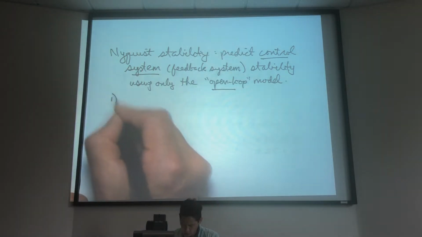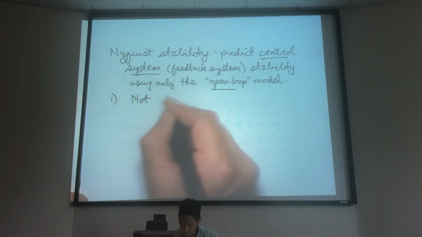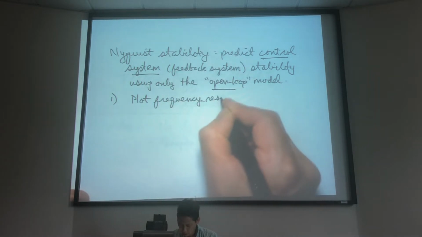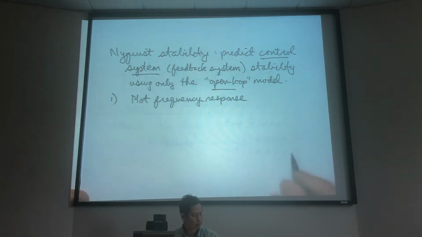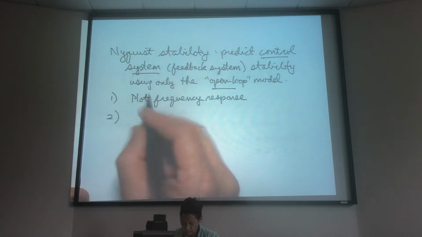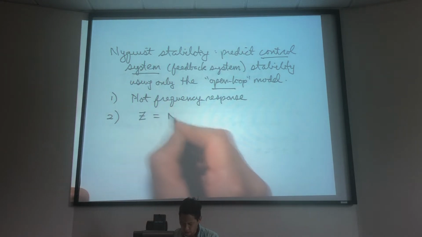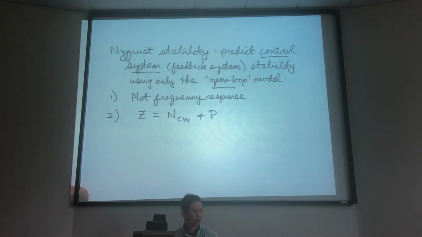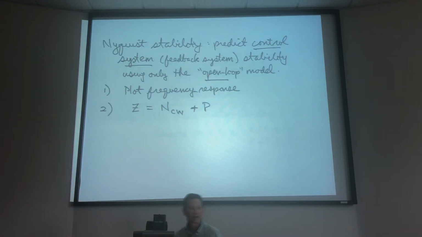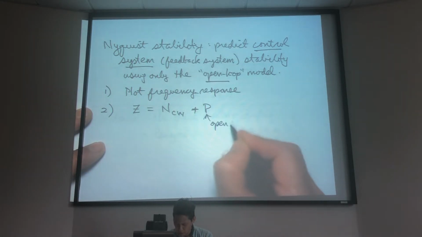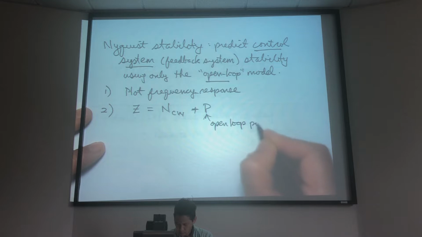So we plot the frequency response. And then we have this criterion that we have to analyze. It says Z is equal to N clockwise plus P. You can take a look at your notes from last time. Remember, P is the number of open loop poles in the right half plane.